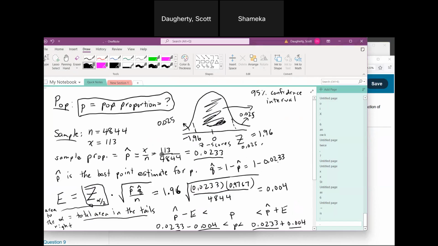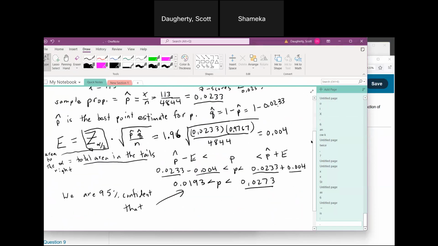If you want to be more precise about what you mean by close, you would have to come up with a confidence interval. So my response would be, I can now say that I'm 95% confident that this p that we're trying to estimate is between these two numbers. And that's how close I think it is to 0.0233. So it's actually a better way of estimating.